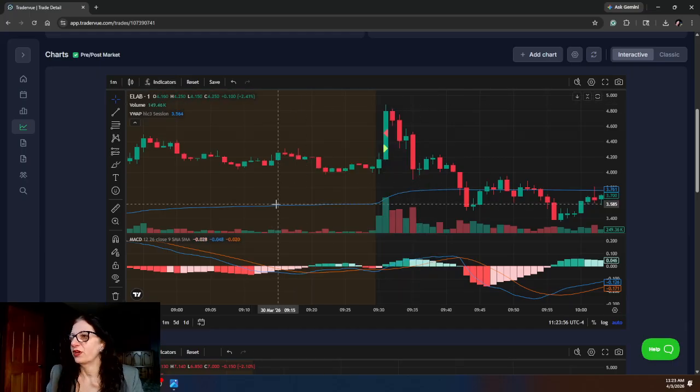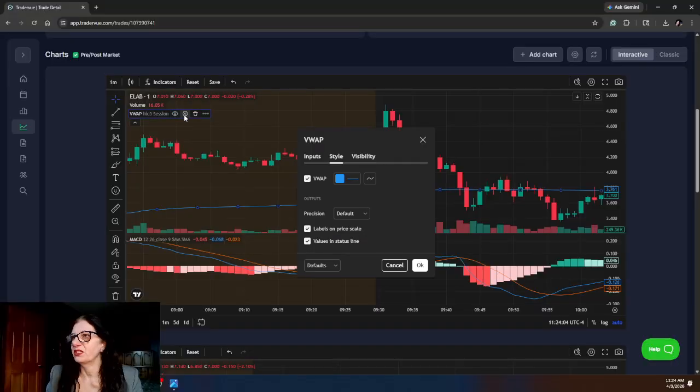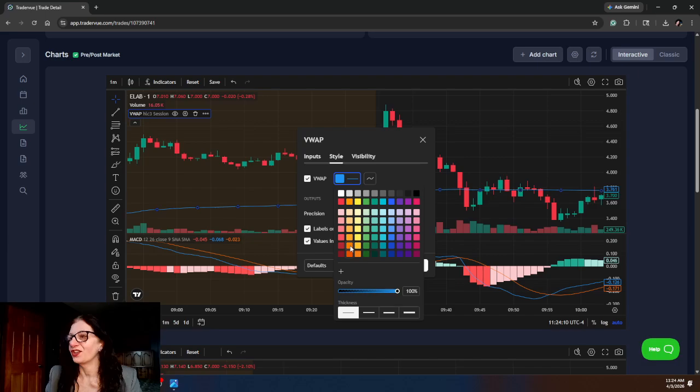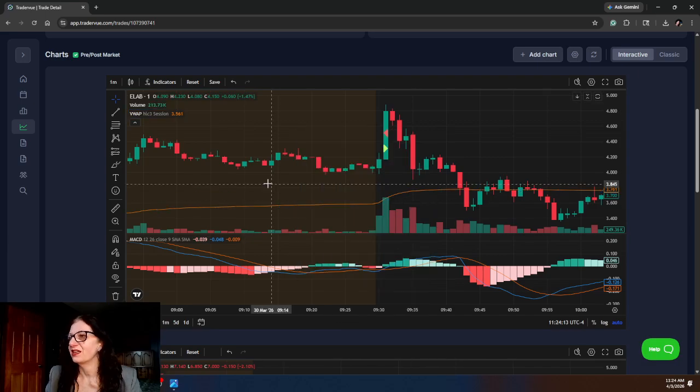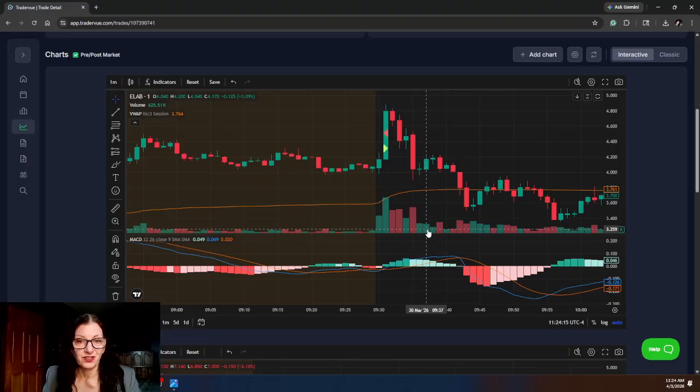And I'm going to make it orange so that you can see it. If you click on it, you can click the little settings icon and select a color. Okay, so that is how you add it to a chart in TradingView.